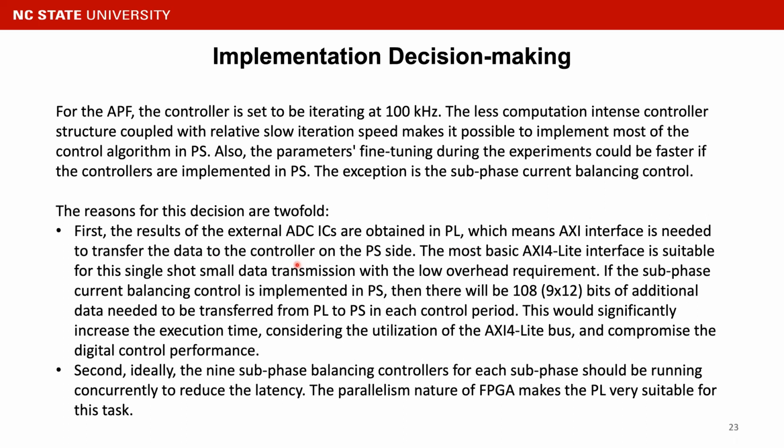However, if the subphase current balancing control is implemented in the PS, then there will be 108 bits of additional data needed to be transferred from PL to PS in each control period. This would significantly increase the execution time, considering the utilization of the AXI4-Lite bus, and compromise the digital control performance.